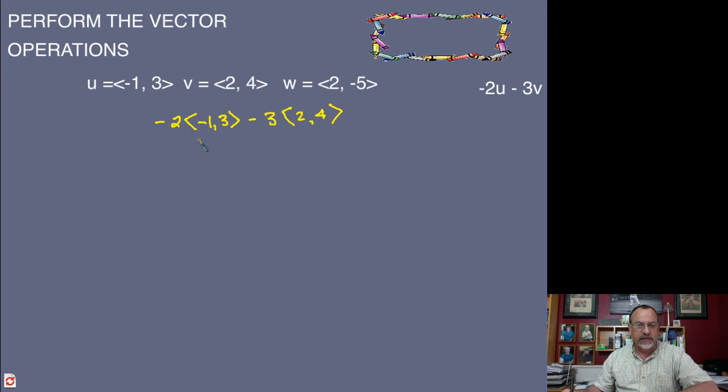So -2 times -1 is +2, and then -2 times 3 is -6. And then I'm going to add it to, and then I'm going to multiply -3 times 2 here, which is -6, and the -3 times 4, which is -12.